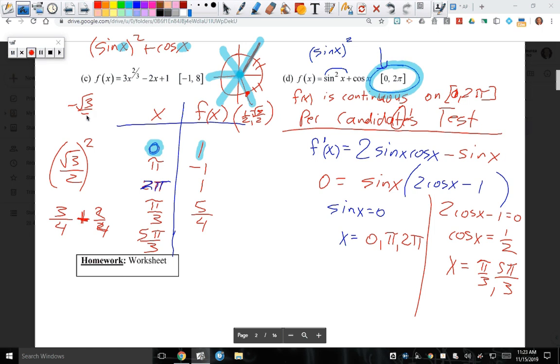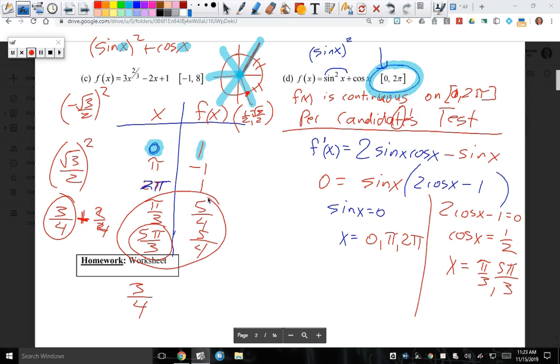If I square it, I get 3/4. Okay? And then what is the cosine at 5 pi over 3? Still 1/2. So whenever I add 1/2, what do I get, guys? 5/4.